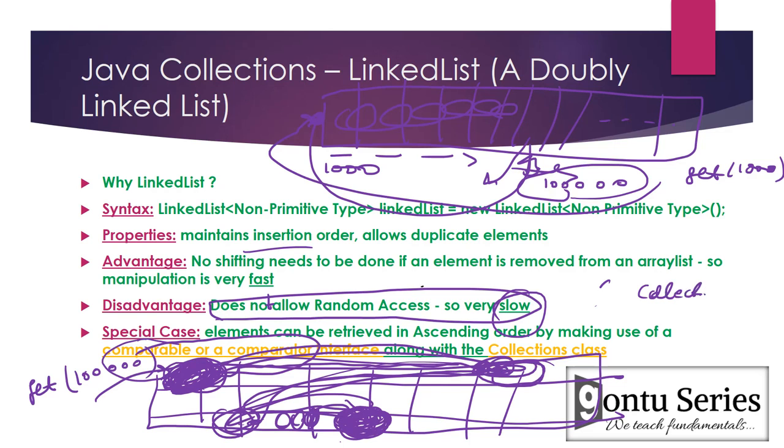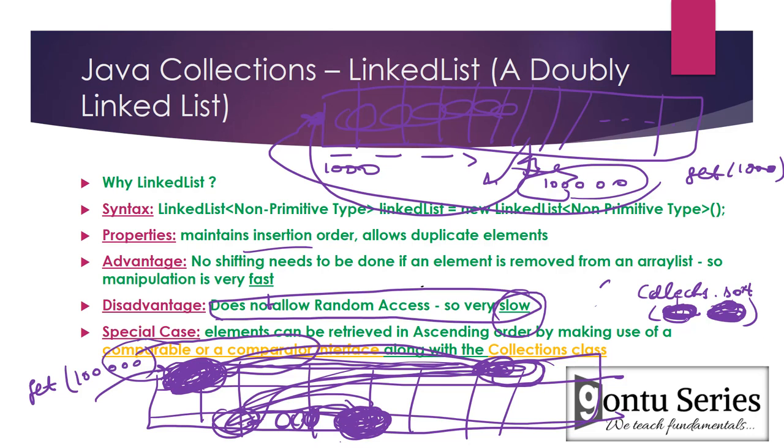Collections dot sort method, and you have to just pass the required linked list object. If you are using a comparator, you have to specify that comparator as the second argument. If you are not using a comparator, then you simply pass that list, but its elements have to be of type comparable, meaning they have to implement the comparable interface.